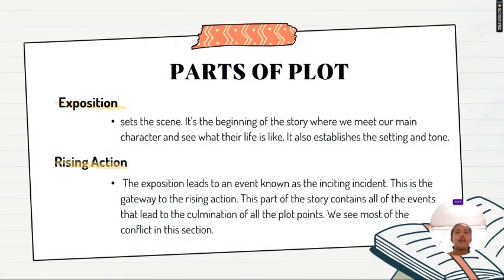So, as stated in the slide, the conflict is introduced here in the story. It will make the book or the story suspenseful as the problem of the story is introduced in this part.